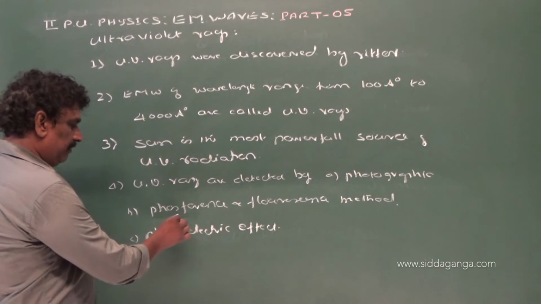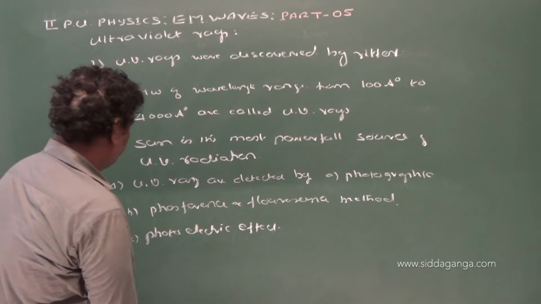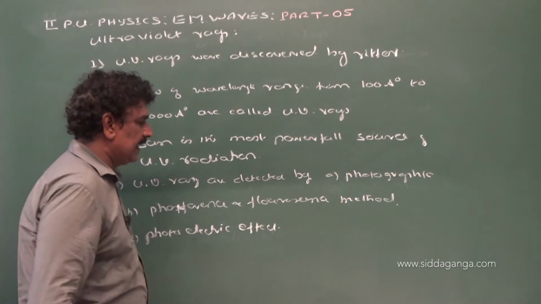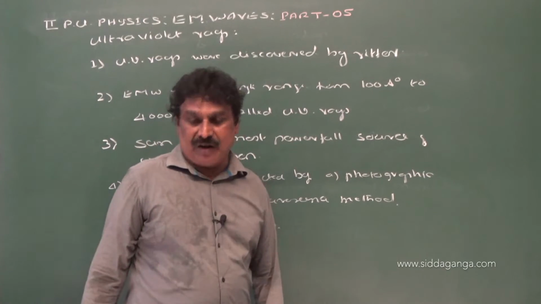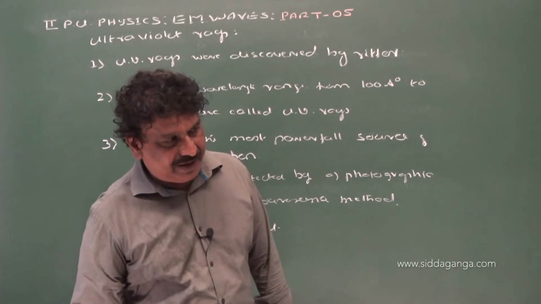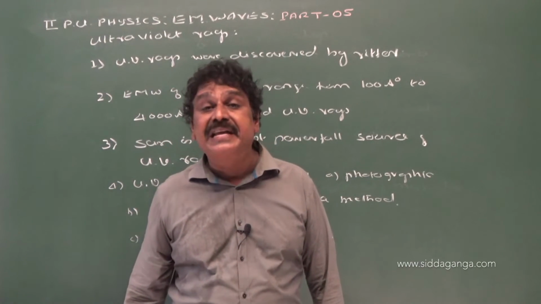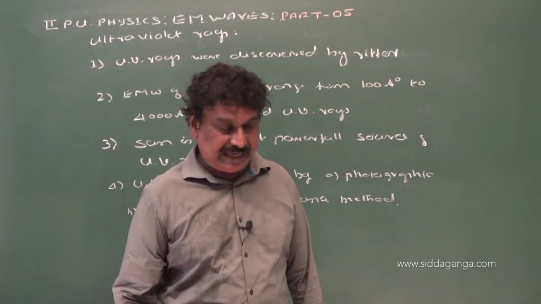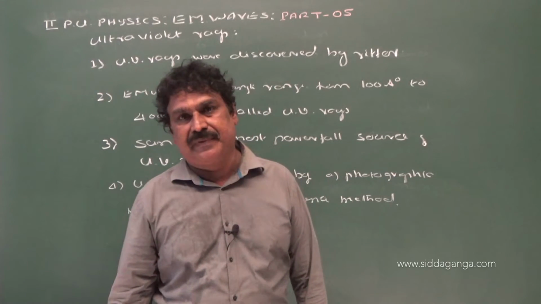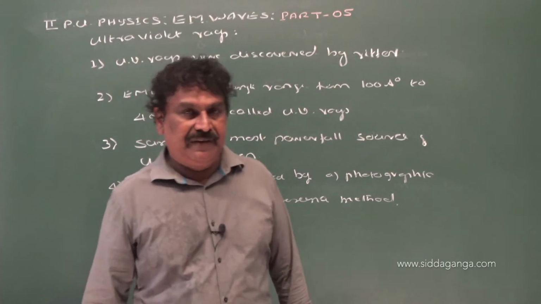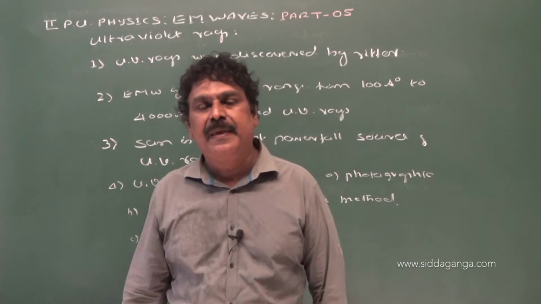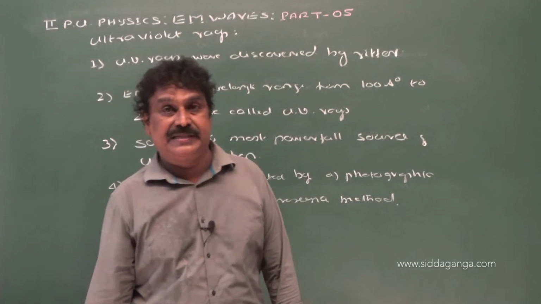Now fluorescence and phosphorescence are two phenomena. Fluorescence is a phenomenon in which whenever radiation is incident on certain materials, like zinc sulfide, they emit radiation. If the emission stops as soon as the incident radiation stops, then the phenomenon is called fluorescence.